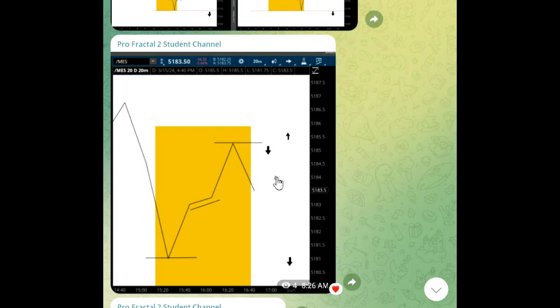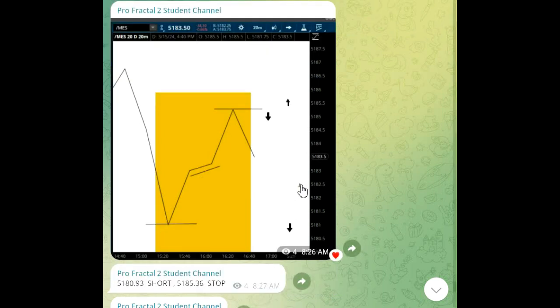Fractals do lag. You have to give yourself a little time for that fractal to evolve. If we remain below the top here, the trend will continue to go down. If we break the start of the initial condition here, the trend will be down.